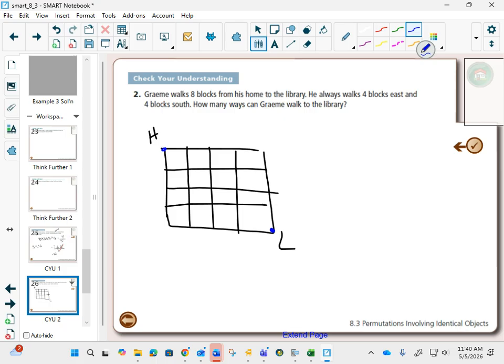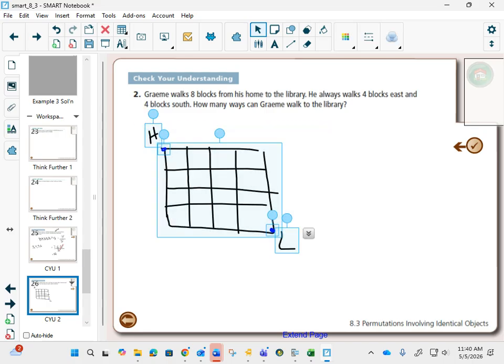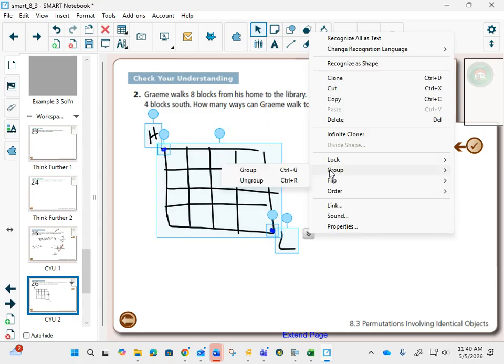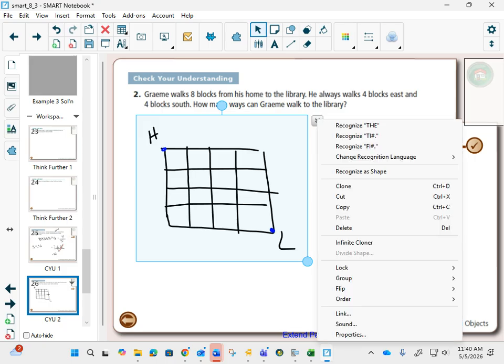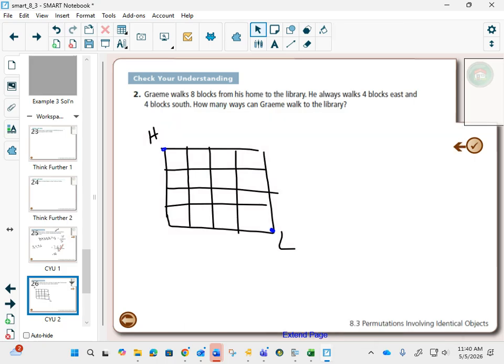Now we are assuming Graham has some sense of direction. Okay? Let me get this all grouped together, and I also want to lock it in place. There we go. We're going to assume that Graham doesn't do this. Oh, where's the library?